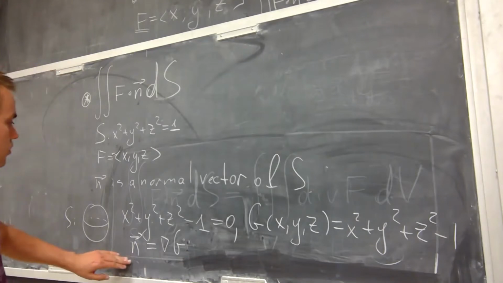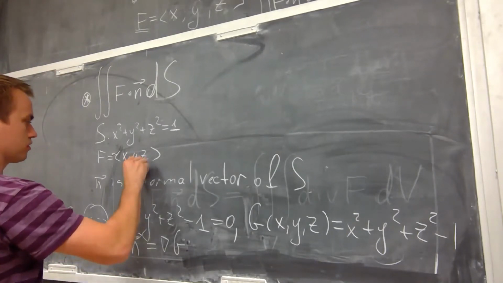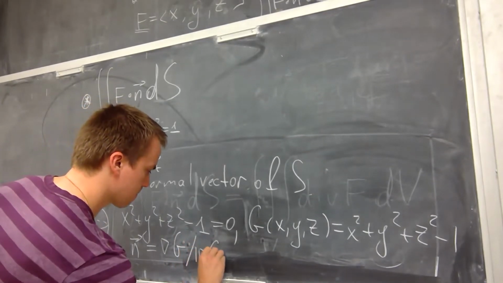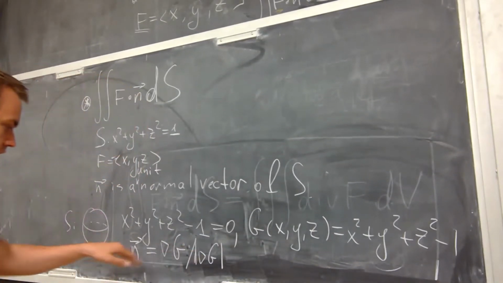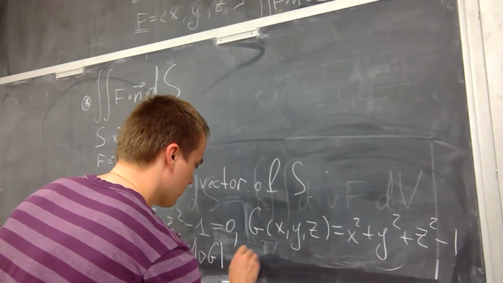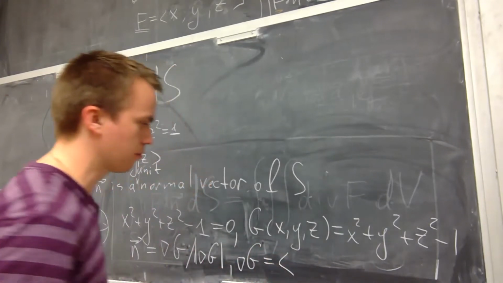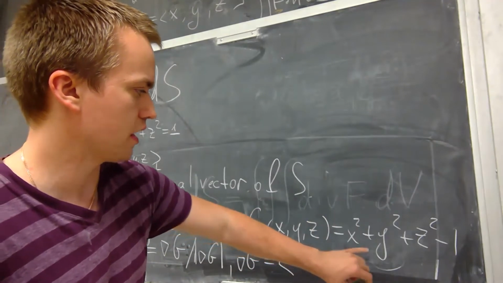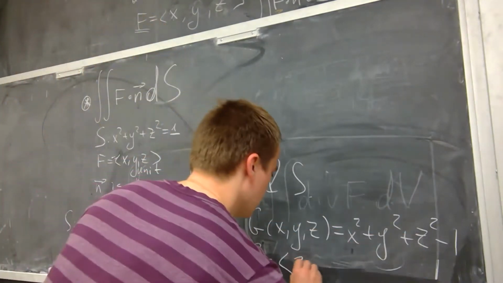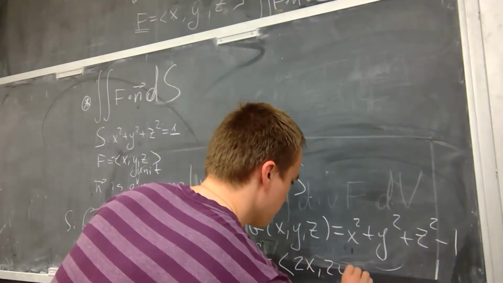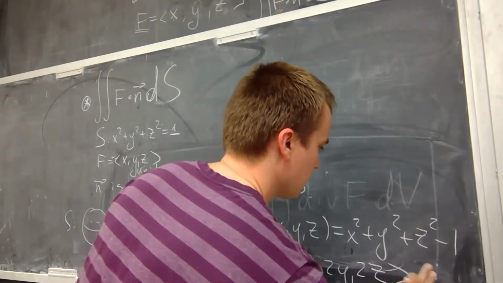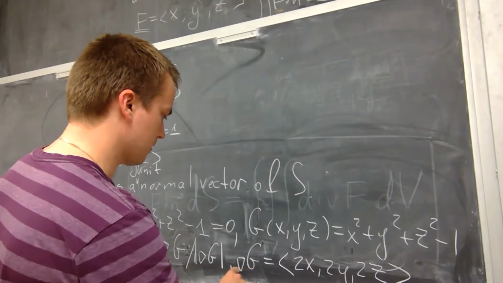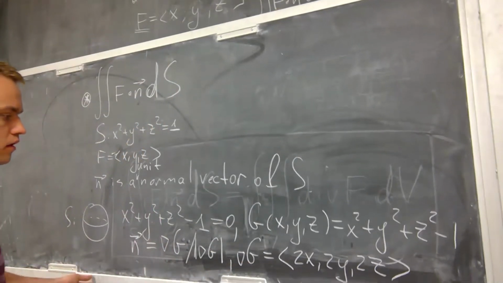But this needs to be a unit normal vector, so it's not only a normal, it's a unit normal. So I need to divide by the length of the gradient of g. Let's find the gradient of g. It is a vector with 3 components, taking the partial derivatives, so we'll have (2x, 2y, 2z). Now let's compute the magnitude of this vector.